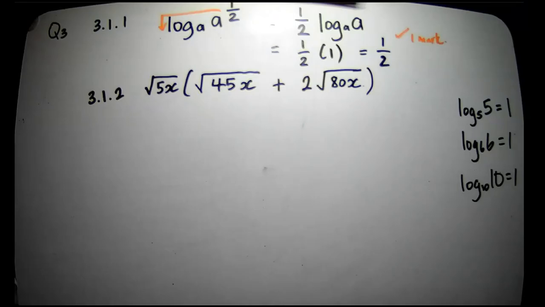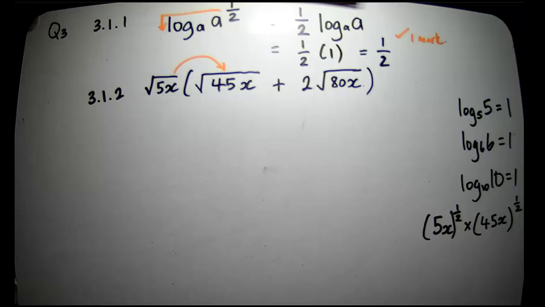So 312, notice we have the square root of 5x on the outside of the bracket. This is practically the distributive property as in grade 8 and 9. The only trick here is that they put the square roots over the terms to try and confuse us. So let's write this in an exponent way. It's going to be 5x, all of it in brackets, to the power half.